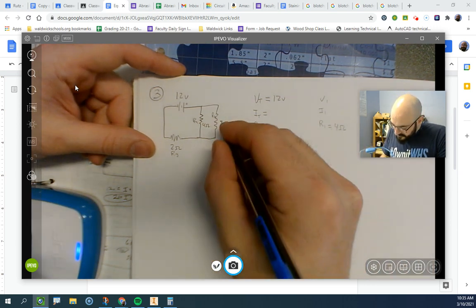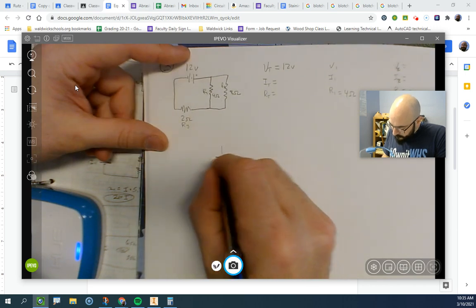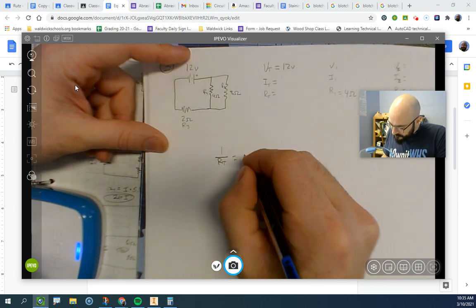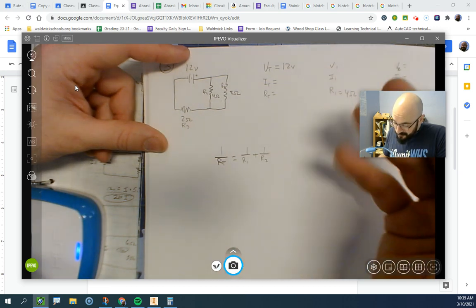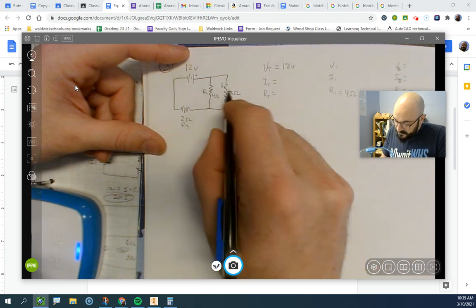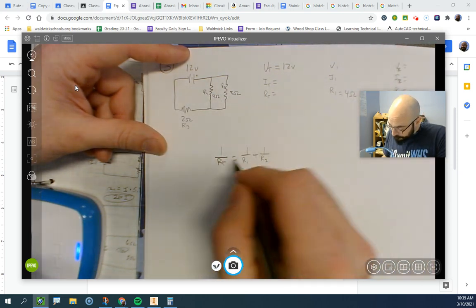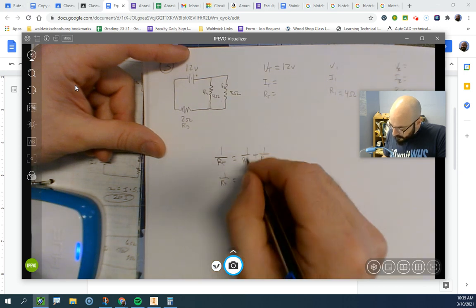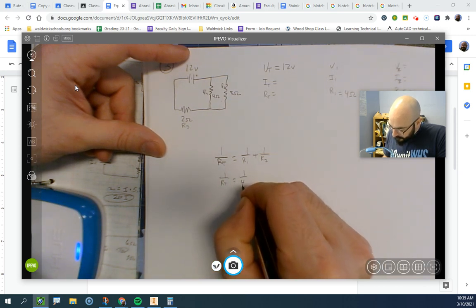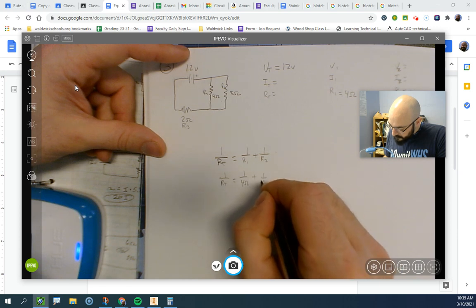For this, 1 over RT is equal to 1 over R1 plus 1 over R2. Well, there's only 2 in parallel, so we're only going to do 2. So 1 over RT equals 1 over 4 ohms plus 1 over 8 ohms.